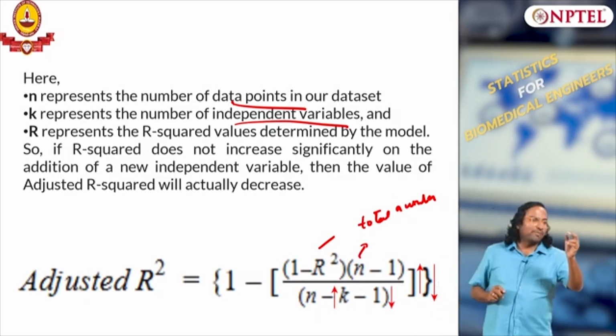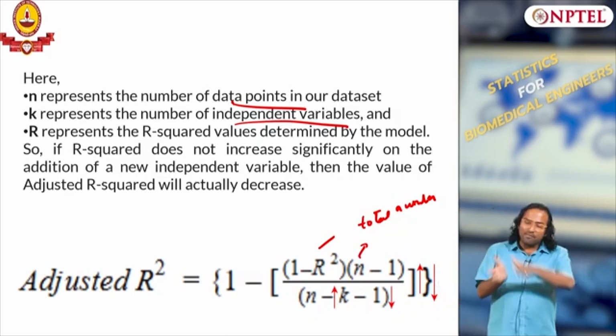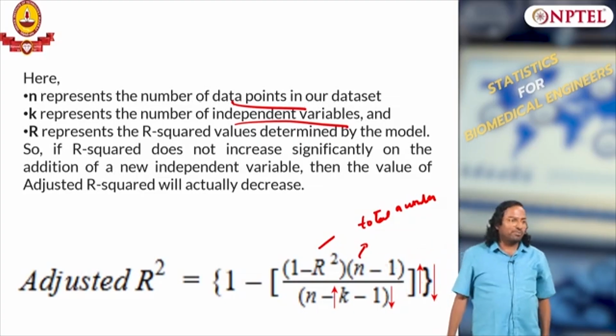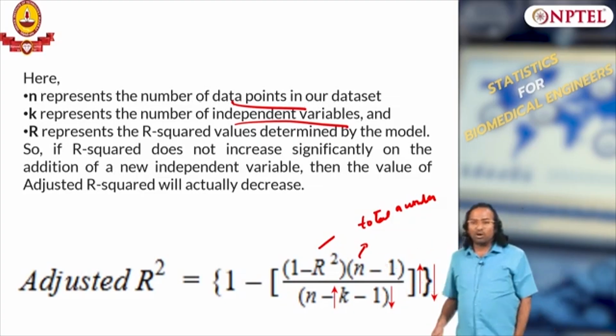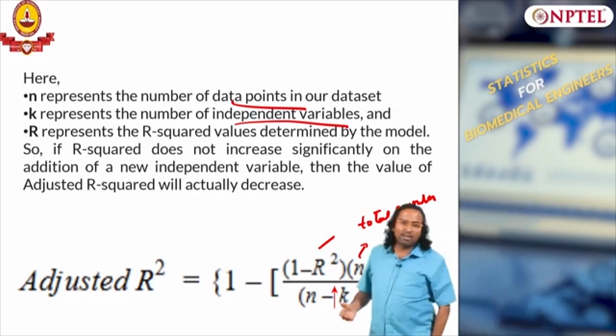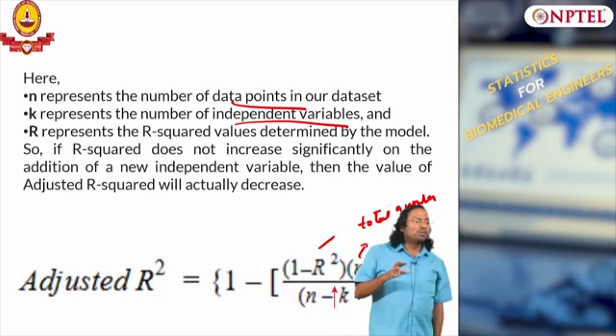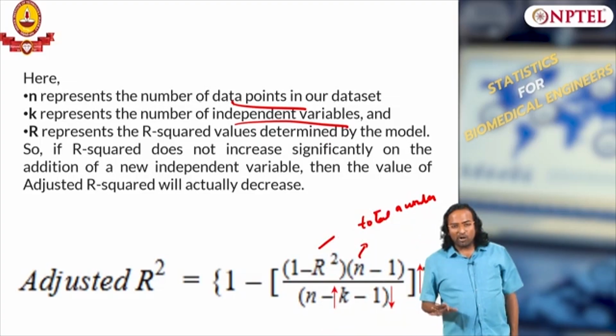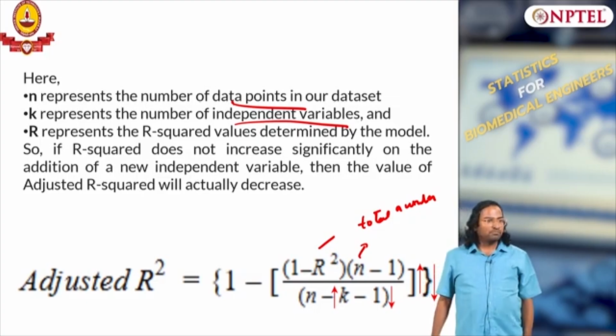Adjusted R square may change by a small amount, but if the confidence interval includes 0, then you know that this is not an important variable to include in your model. So both confidence interval and adjusted R square can be used to determine roughly which variables I should include in the model. We use both in combination.